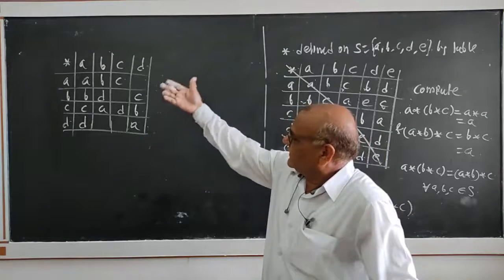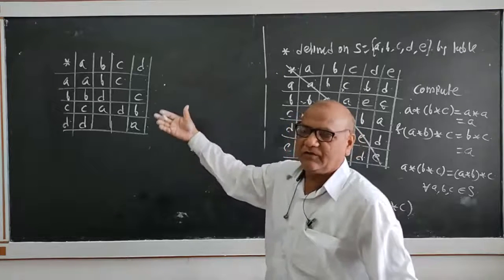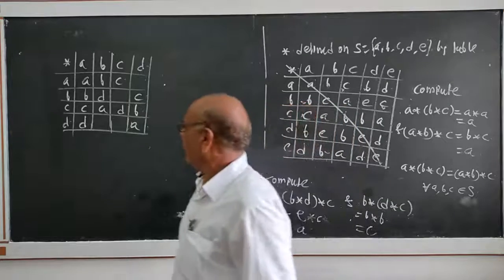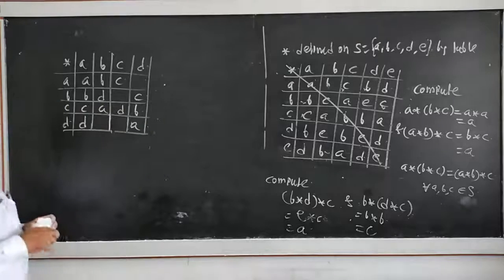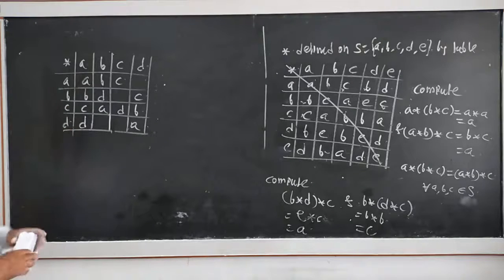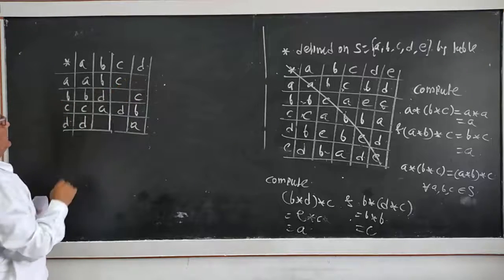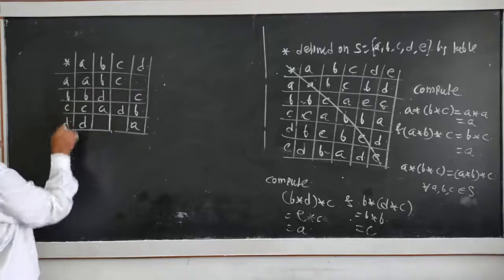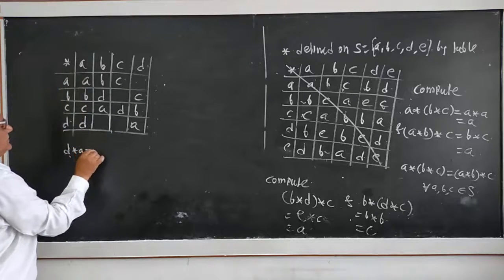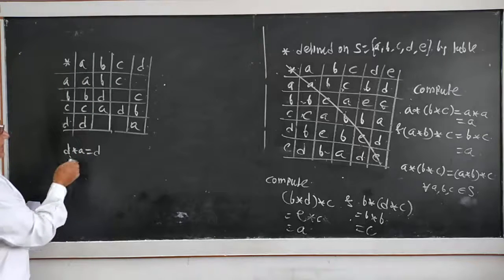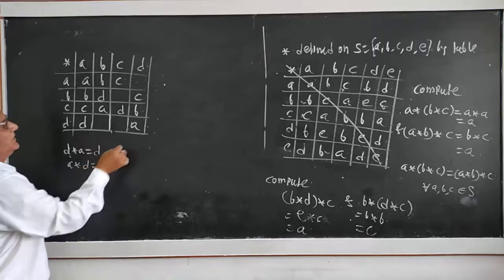We define here that star is a commutative binary operation, and using this commutative binary operation, complete the table. Here, D star A is equal to D, then since star is commutative, A star D is also D. So here D.